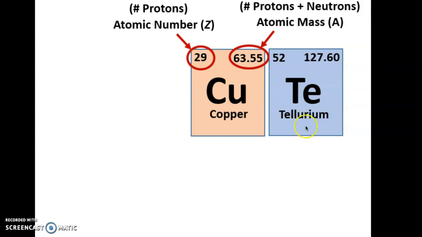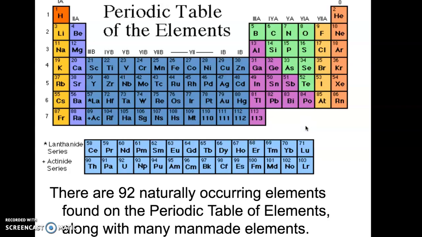I do want you to get familiar with the periodic table. For example, right here, you've got the atomic numbers, and they go in order if you notice. Hydrogen is 1, helium is 2, lithium is 3, beryllium is 4, boron is 5, carbon is 6, nitrogen 7, oxygen 8, fluorine 9, neon 10, and so on and so forth.